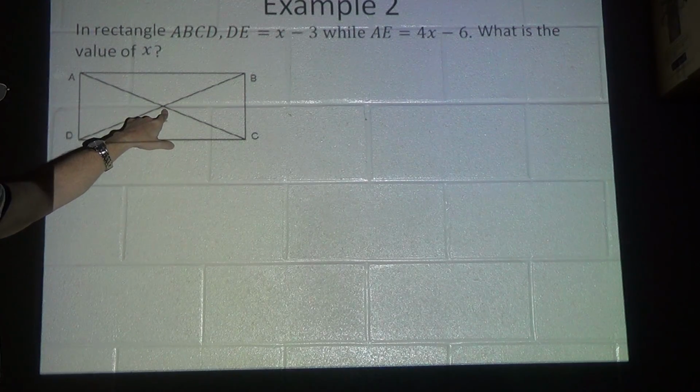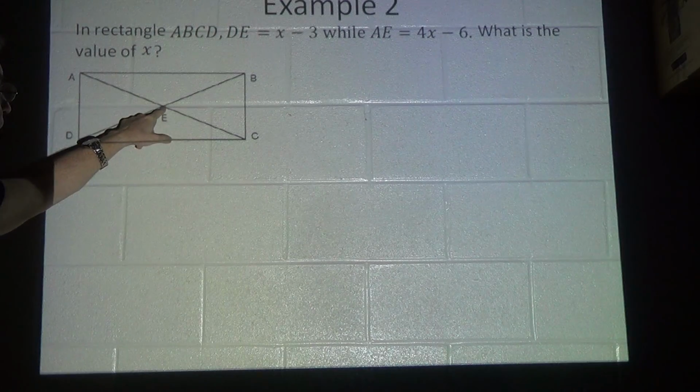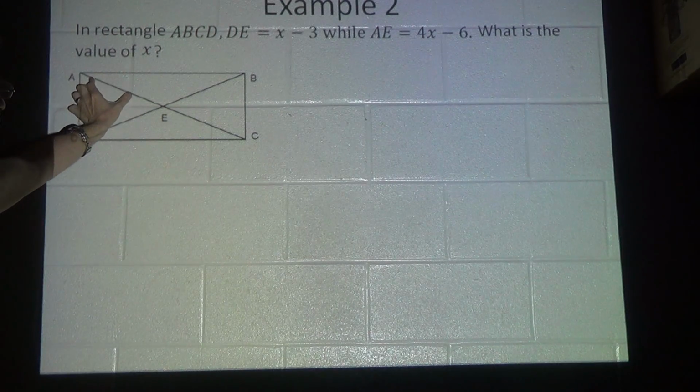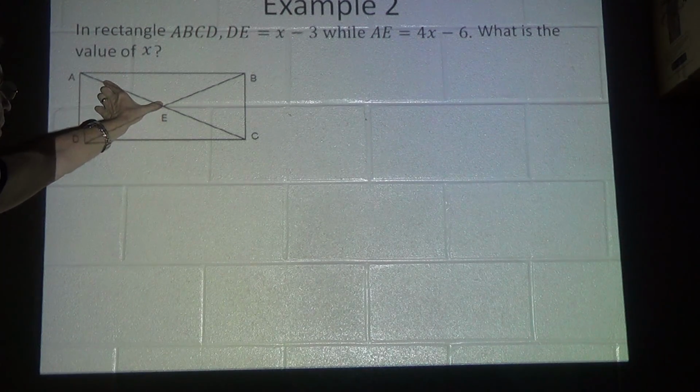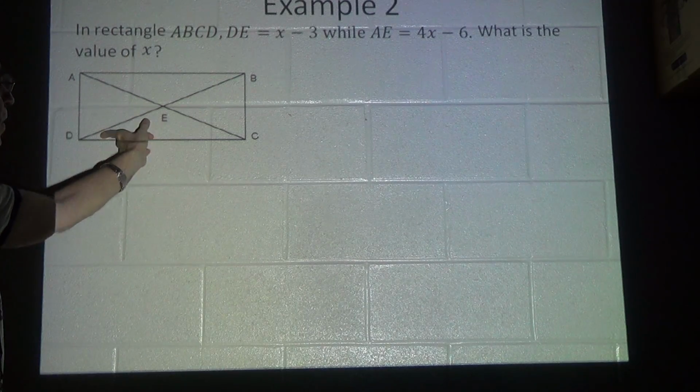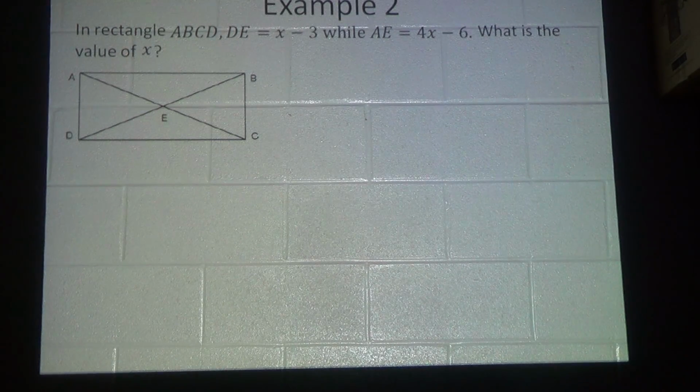And one of the previous properties from parallelograms said that they bisect each other. So this piece right here is half of this one, and this is half of this one. So these two actually have to be congruent to each other. That gives us the length of AE is equal to the length of DE, which gives us 4x minus 6 equals x minus 3.